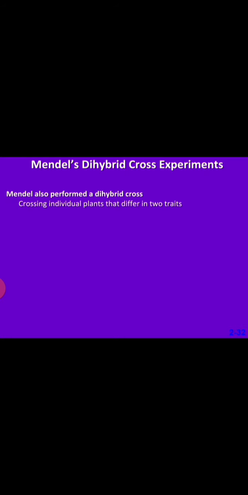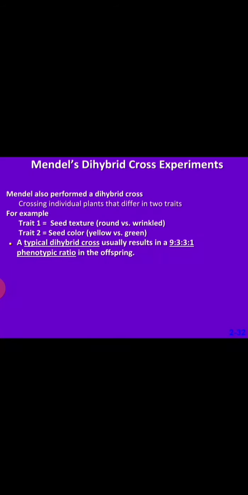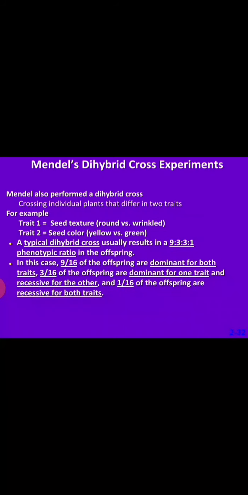Mendel's dihybrid cross experiment. Mendel also performed a dihybrid cross experiment, crossing individual plants that differed in two traits. For example, trait 1, seed structure, round versus wrinkled. Trait 2, seed color, yellow versus green. A typical dihybrid cross usually results in 9:3:3:1 phenotypic ratios in the offsprings.